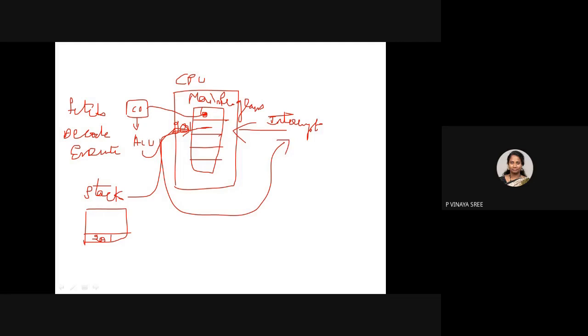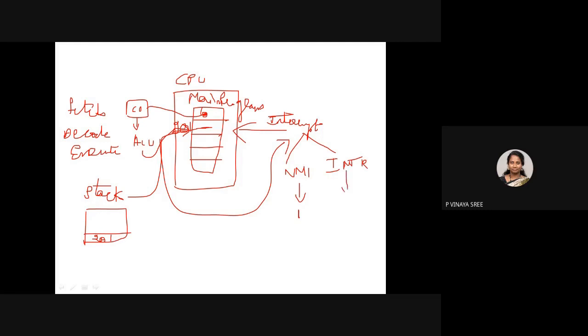When it provides a service to the interrupt in 8086, we have two types of interrupts. One is NMI and the other one is INTR. NMI is non-maskable. If this is high, which is 1, that indicates that it has to provide this service.